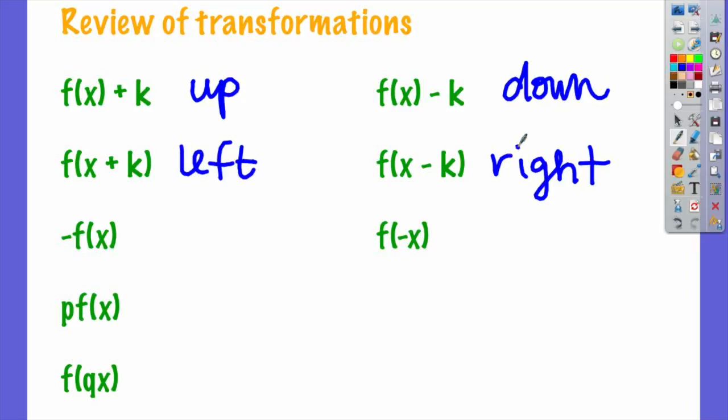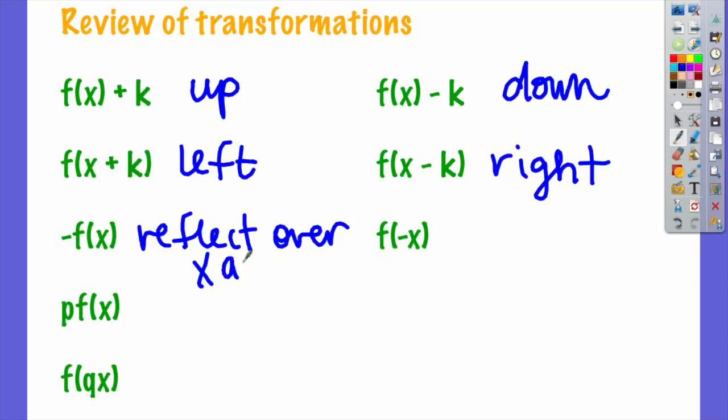Okay? When there's a negative on the outside, you guys remember what the negative did? Reflection over the x. Which meant that this one had to be what? Very good.